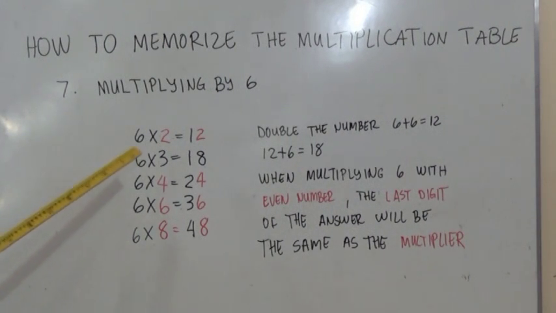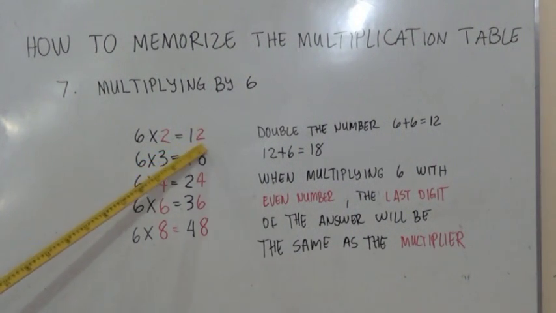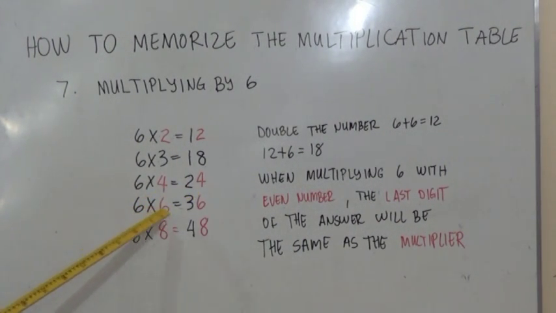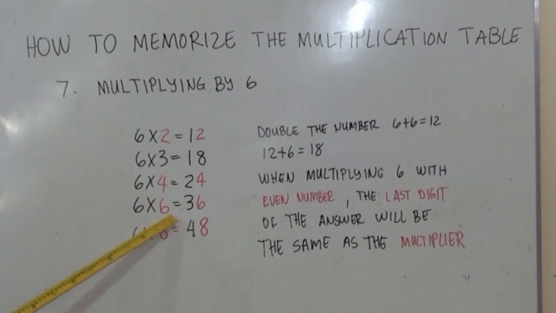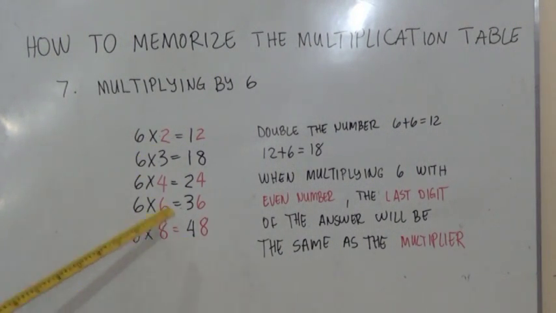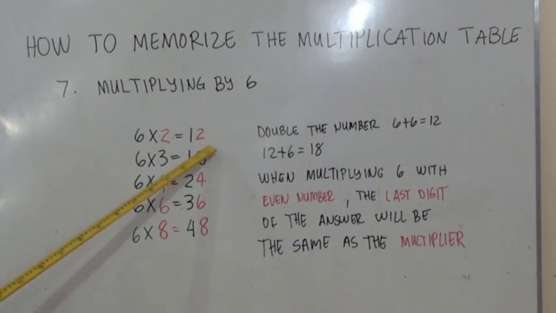So, take a look at this. 6 times 2 equals 12, 2 and 2. 6 times 4 equals 24, 4 and 4. 6 times 6 equals 36, 6 and 6. 6 times 8 equals 48, 8 and 8. So there is a clear pattern when multiplying by a given number. The multiplier will be the same as the last digit of the product.